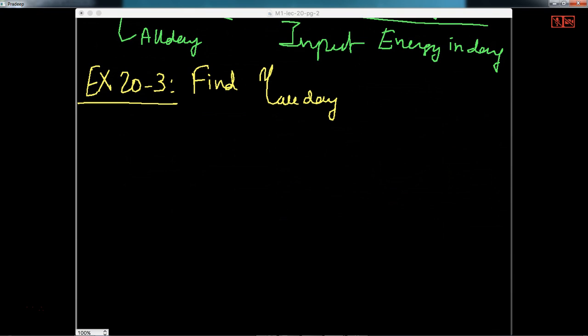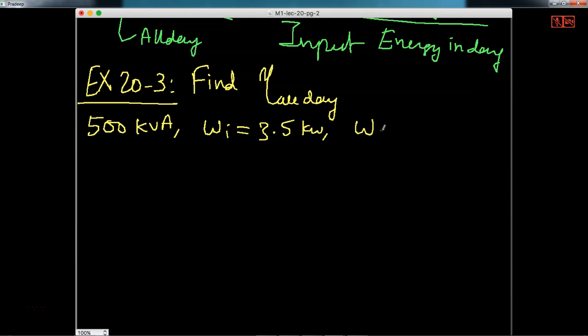And the data of the transformer is like this. 500 kVA, iron loss is 3.5 kilowatts, copper loss at full load is 4.5 kilowatt.